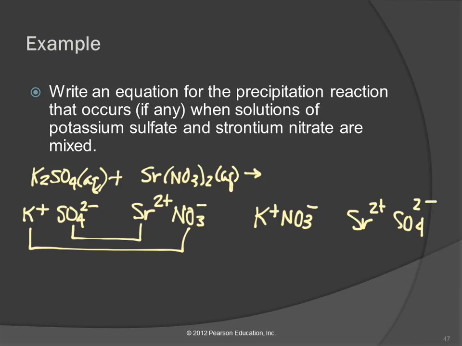The order in which you write them, whether you write the potassium and nitrate first, or the strontium and sulfate first, that doesn't matter. Because 2 plus 3 equals 5, and 3 plus 2 equals 5. We're adding things here, and so the order doesn't matter.